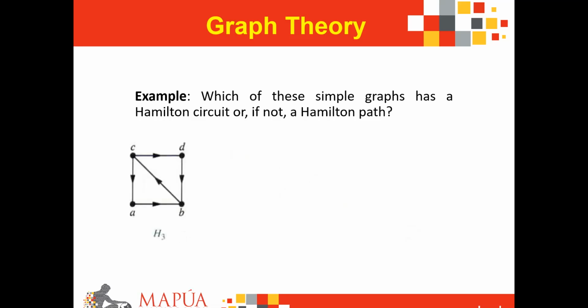Given another example for a directed graph, which of the following of these graphs is a Hamilton circuit, or if not, a Hamilton path? Looking at H3, this is not a Hamilton circuit, nor is this a Hamilton path.